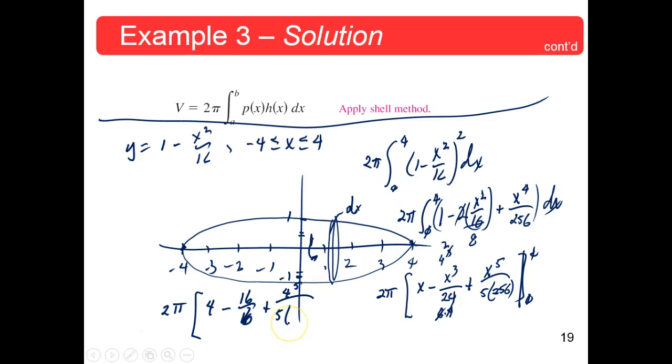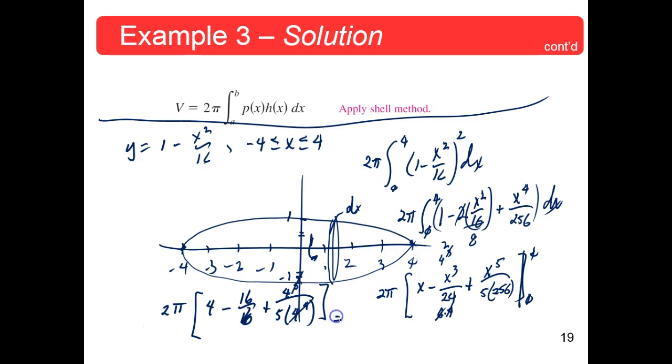Remember, that was 16 squared. So that was 4 to the 4th power, right? Isn't that what 16 squared is? Okay. So 4 to the 4th will go into 4 to the 5th 4 times. So that last is going to be 4/5. That keeps the numbers a little smaller and more reasonable.